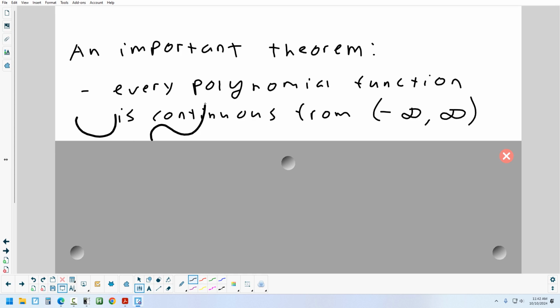That means that every polynomial is continuous all of the time. You can't find a section in a polynomial that is discontinuous. If you draw something and it has a section that's discontinuous, then I don't know what you drew, but it's not a polynomial. Polynomials never have to lift your pencil to draw them.